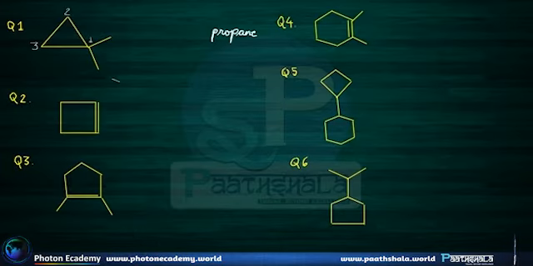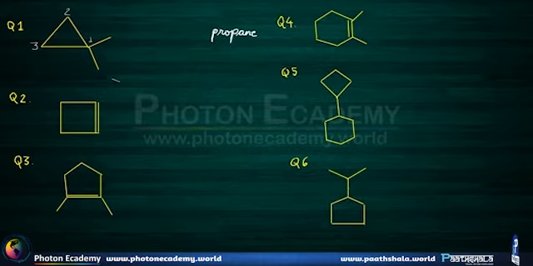Now, let's see our prefix. There are 2 substituents present on the first carbon, so my correct prefix will be 1,1. There are 2 methyl groups present, so dimethyl.